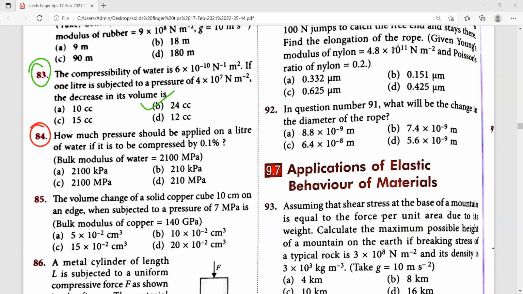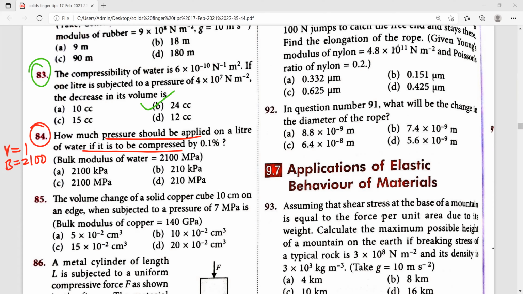Question 84. How much pressure should be applied on a liter of water if it is compressed by 0.1%? The bulk modulus of water is given. Here the volume is 1 liter, and the bulk modulus is 2100 megapascal, where mega means 10 to the power of 6 pascal.